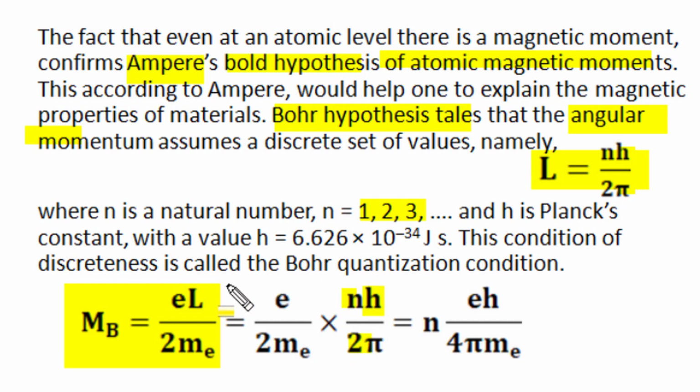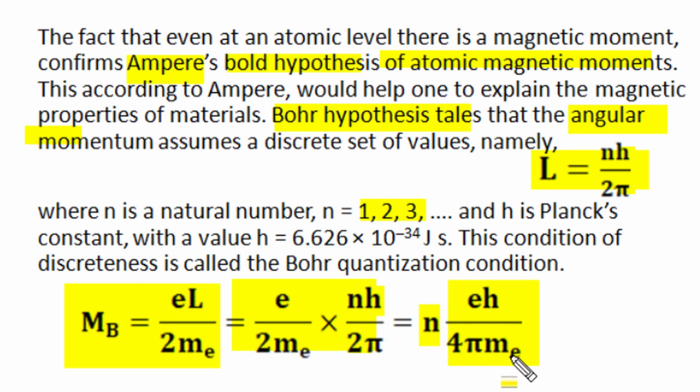Now this expression can be simplified as Bohr magneton is n times eh upon 4 pi me, and this clearly indicates that there exists an elementary minimum size of magnetic dipole moment, eh upon 4 pi me, that is called the Bohr magneton, and all other magnetic dipole moments are integer multiples of that only.